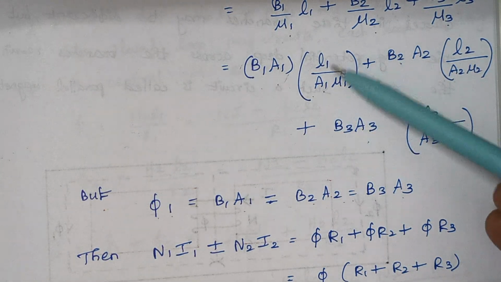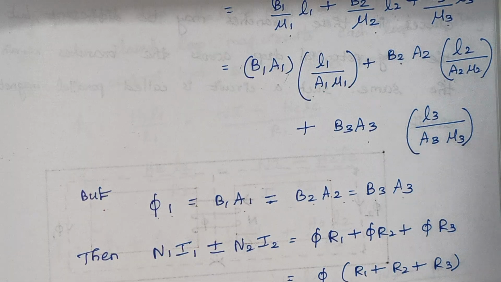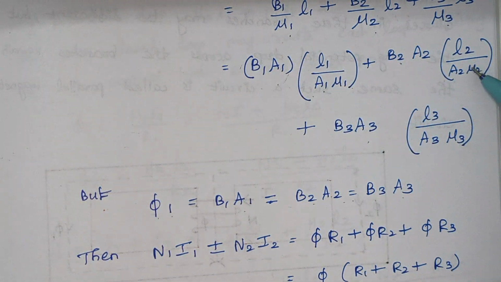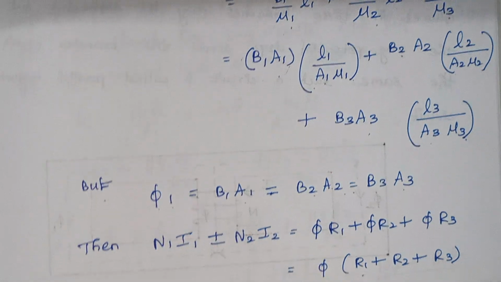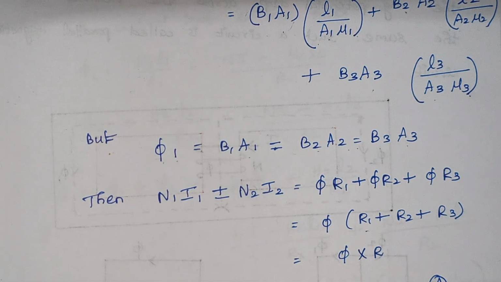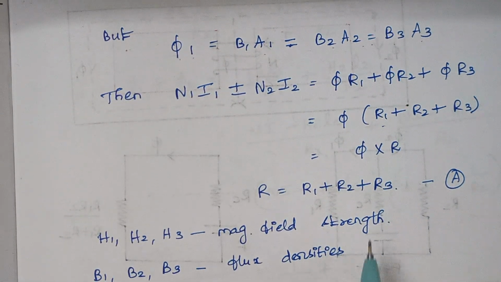The ratio of L by A is nothing but reluctance. So L1 by A1 mu1 is replaced by R1, L2 by A2 mu2 by R2, and L3 by A3 mu3 by R3. Finally, when you add all these values, we represent this as R, which is R1 plus R2 plus R3.